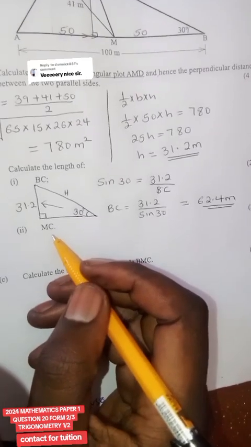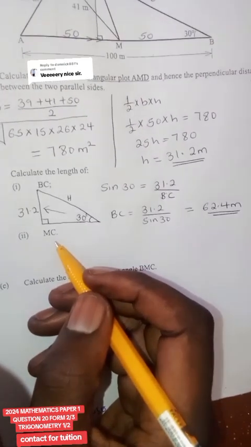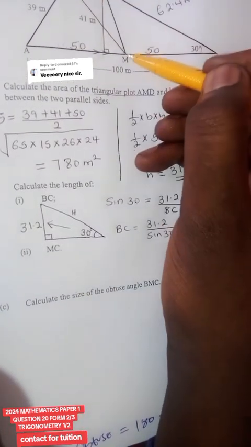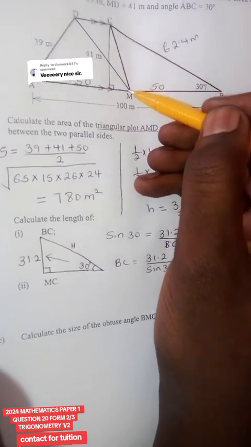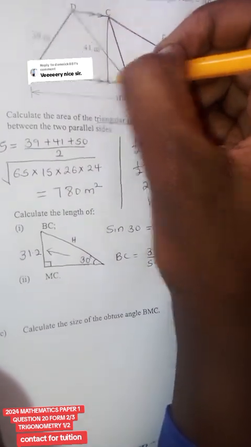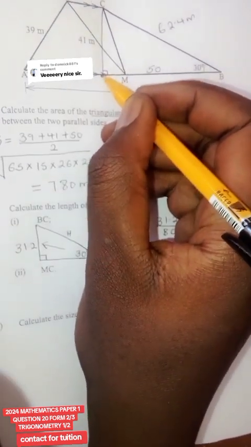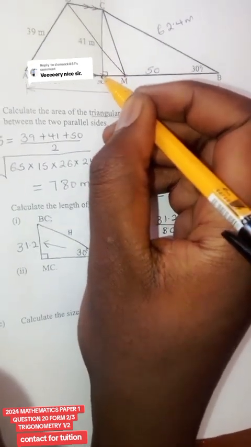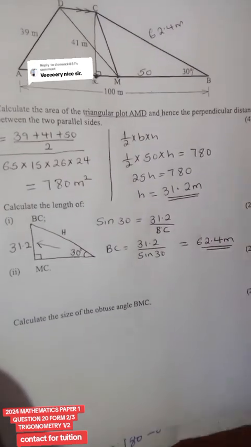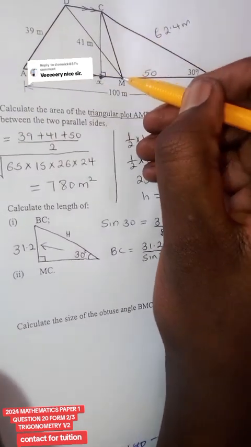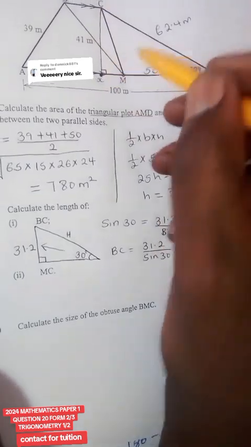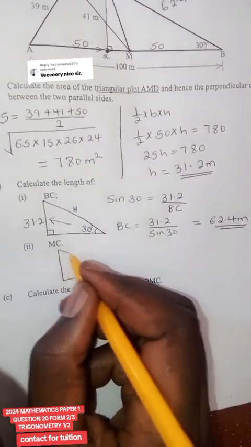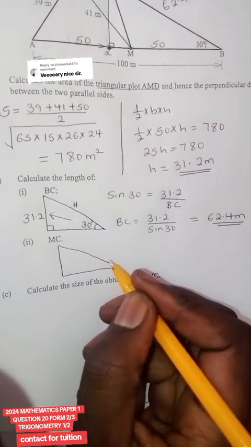Then you are told to find MC. So to go for MC, to recognize it, MC is at this point here. And I have my perpendicular distance. Then there's this small distance that we can call maybe point X to this point. Because this one is a right angle triangle here, let me just extract it again so that we can have a clear view of that.